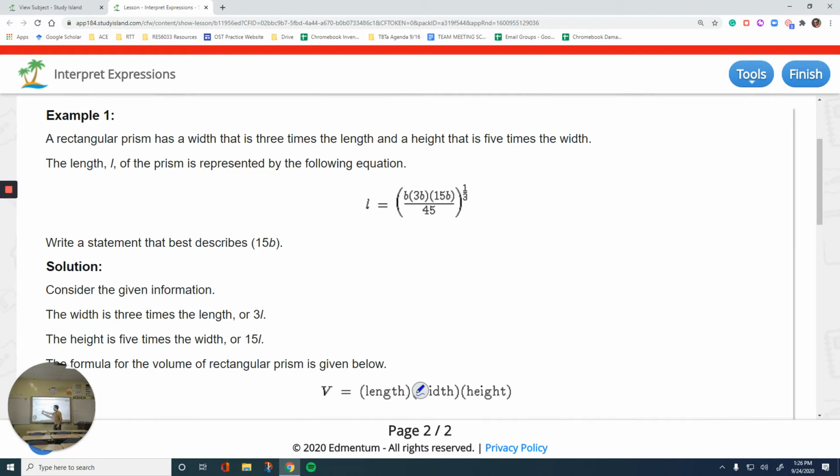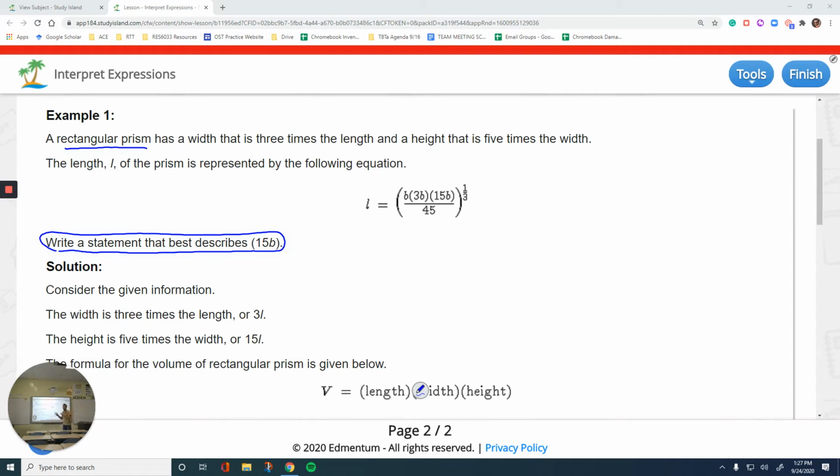So before getting into details, I want to see what the question is first so that I can focus on that part. Write a statement that best describes 15b. What I'm thinking, this is probably one of the dimensions of the rectangular prism that I have, such as it could be the width, it could be the height, or it could be the length. It's probably either one of those.